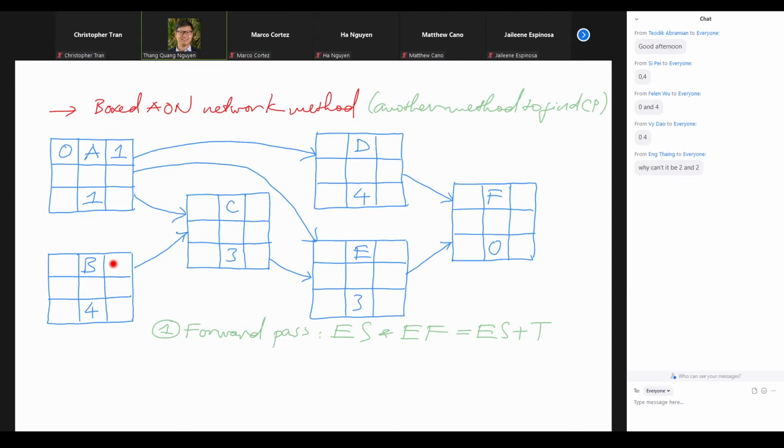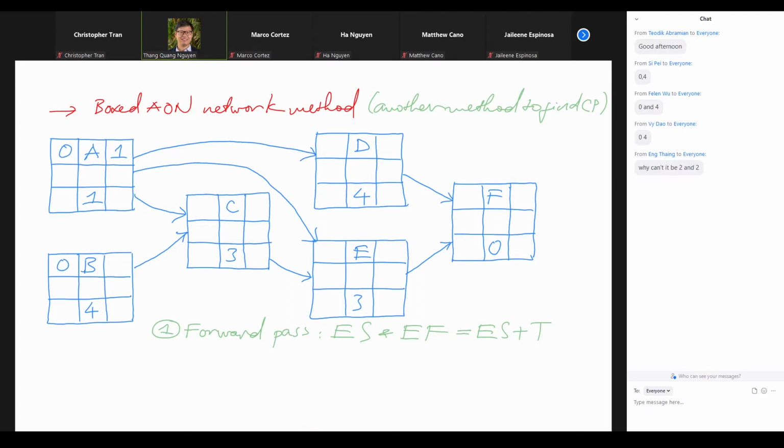So why can't it be 2 and 2? Because B doesn't have any requirement before it, right? It means that B can be started right away. Started right away means that we can start B right now or today.